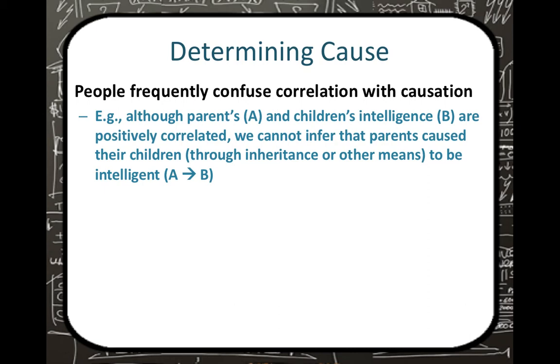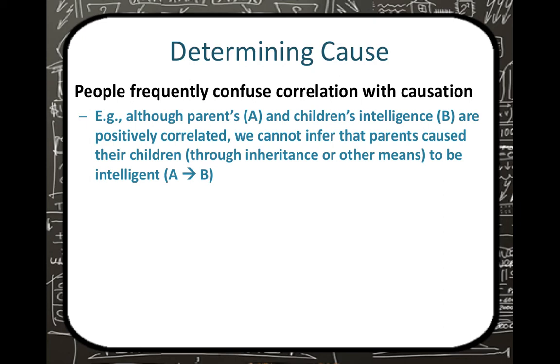So people frequently confuse correlation with causation. But just because two things occur together doesn't mean that one causes the other to happen. So, for example, just because a parent has a high IQ or high intelligence and a child has high IQ or intelligence, right?